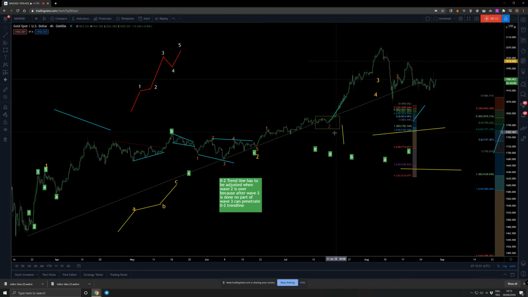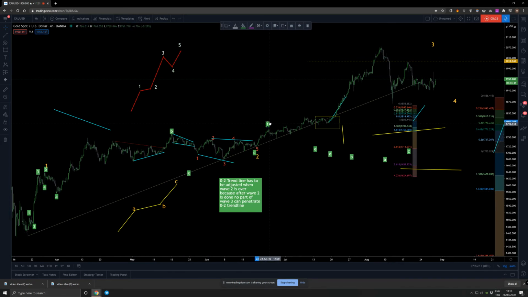Which is interesting. Now, if this is the second wave, it means we are going for the third wave. If we are going for the third wave, it means that on one lower degree, which is actually not at this one, this is the mistake also, it is this one.